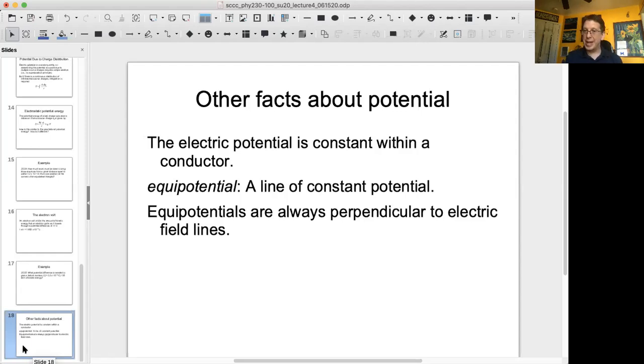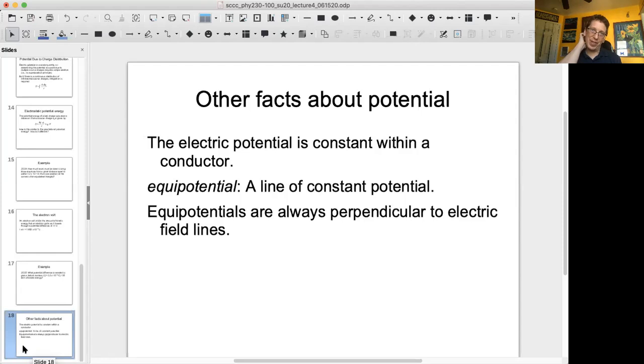The equipotential is a line of constant potential, and this comes into play in one of your lab experiments. You're going to be mapping out equipotentials and then inferring the electric field lines from that. The equipotentials are always perpendicular to electric field lines.